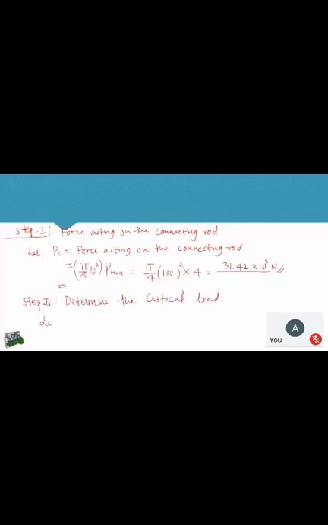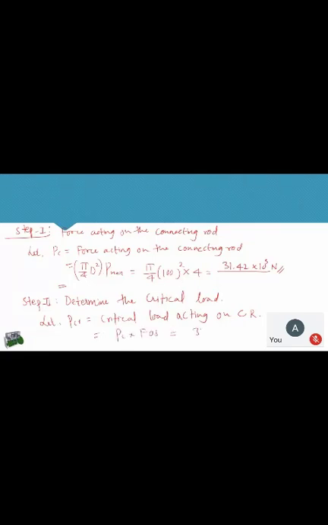Let P critical be the critical load acting on the connecting rod, which is given by PC into factor of safety.